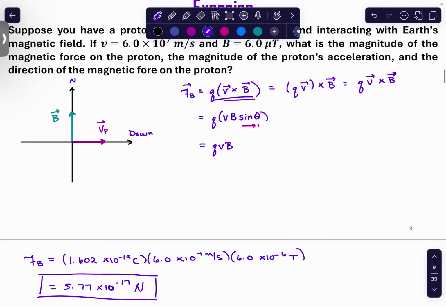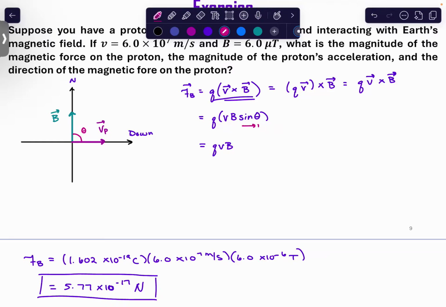So you want to think of your angle between the two vectors being there. Now, the way I do it is point your fingers in the direction of velocity and curl them into the magnetic field. Which way does your thumb point? You're using your right hand. It depends on which way you're curling.